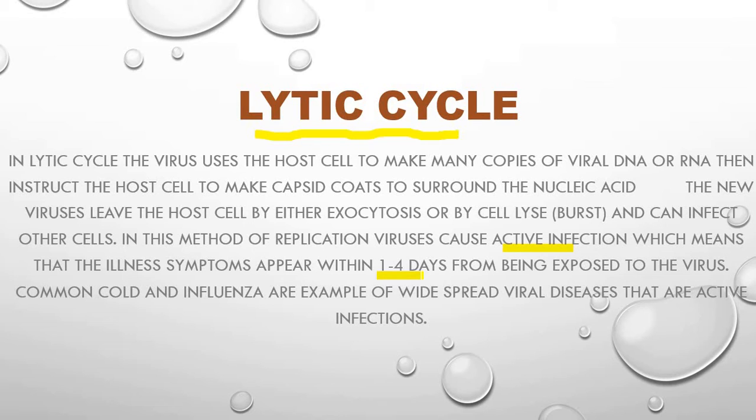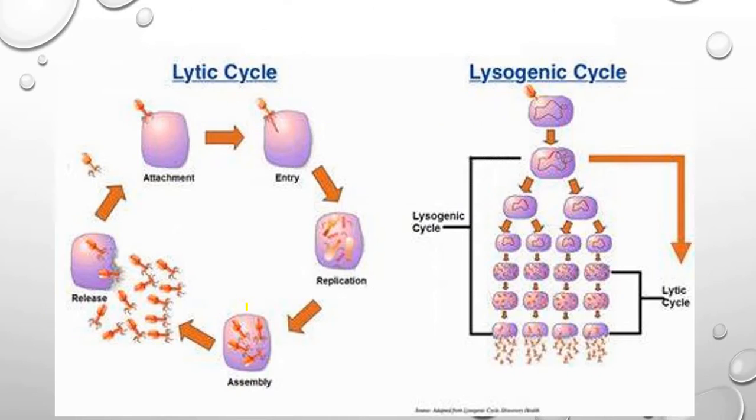An example of active infection caused by viruses which enter the lytic cycle directly is the common cold and influenza. Okay, so let's see how this lytic cycle happens.